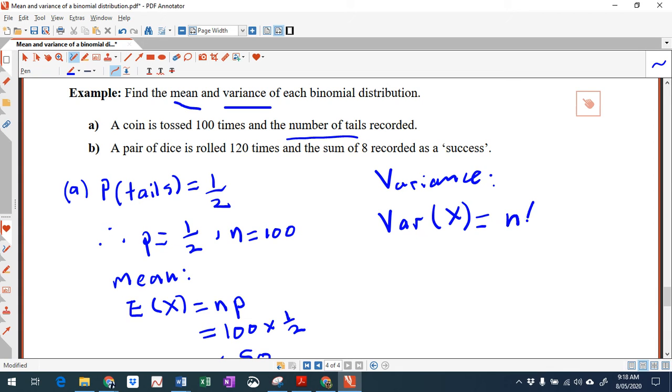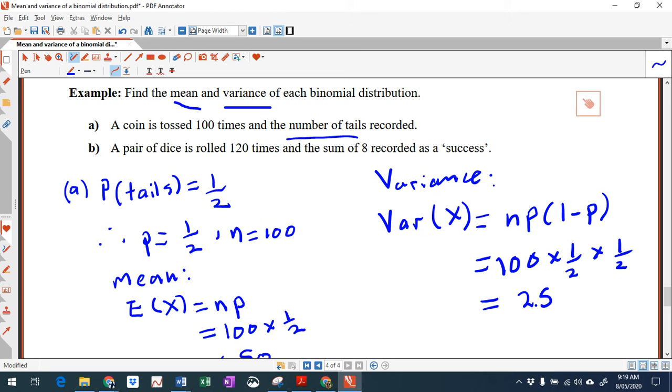So n p(1 minus p). Okay, so n Bernoulli trials. Probability of success is a half. 1 minus p is also a half. Okay, so you should end up with 100 times a quarter, which is 25. Done. All right, let's look at the next one.